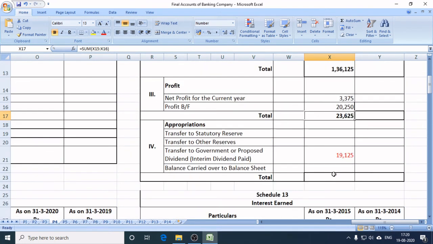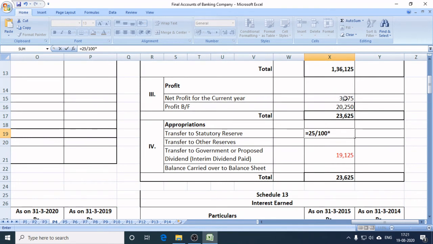Now as far as appropriation is concerned, we have to make appropriations of this profit, that is 23,625. But as far as statutory reserve is concerned, we have to make provision of 25% of current year profit.